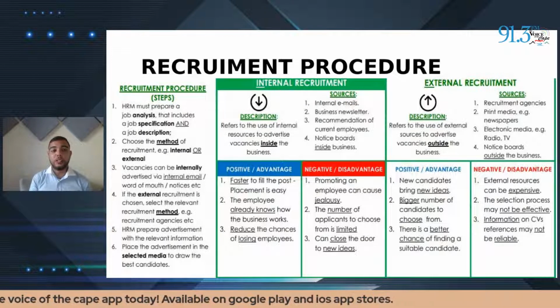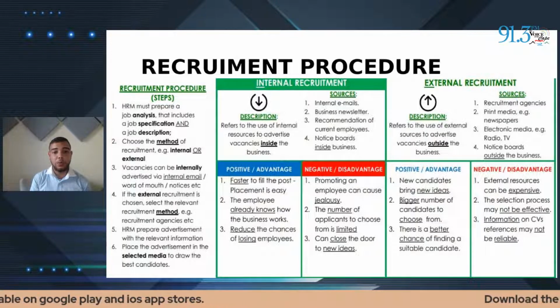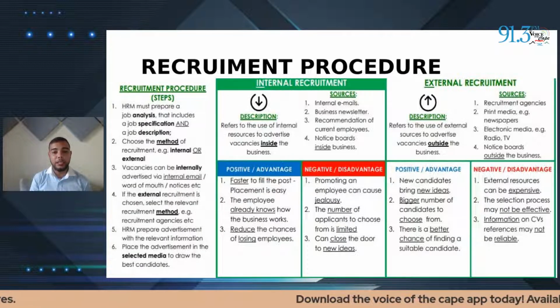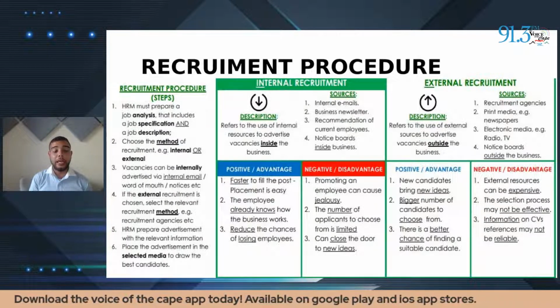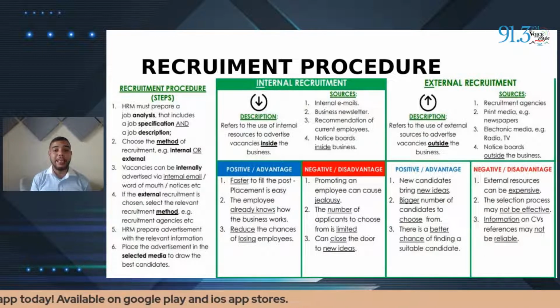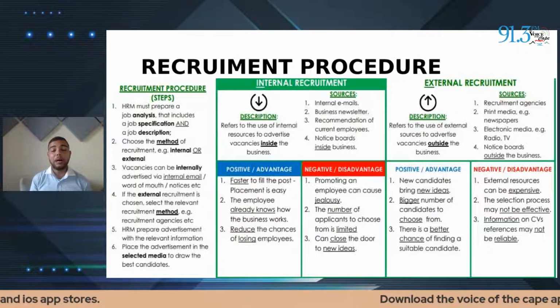So, once a business opportunity or a vacant position comes open, how do they recruit members internally? They will have internal emails they will send to their employees. They will have business newsletters running around in the business, recommendation of current employees, and will put up the notice on a notice board.